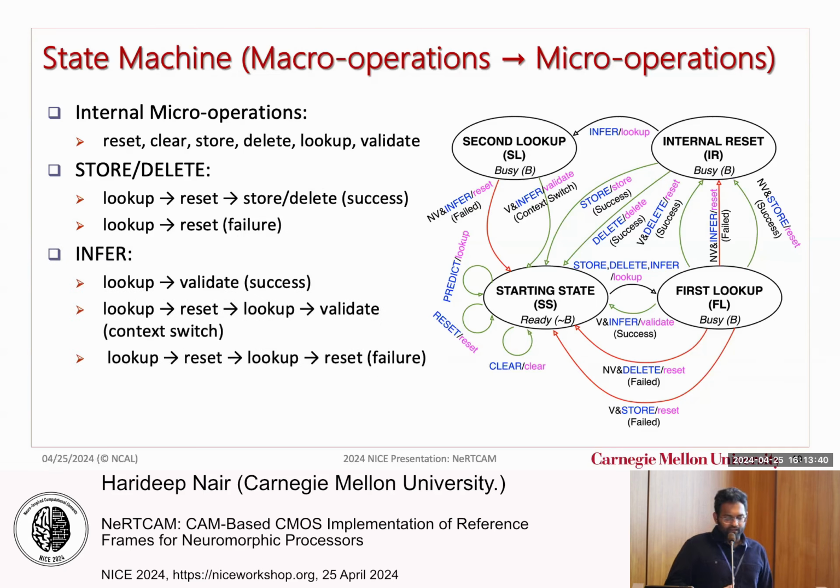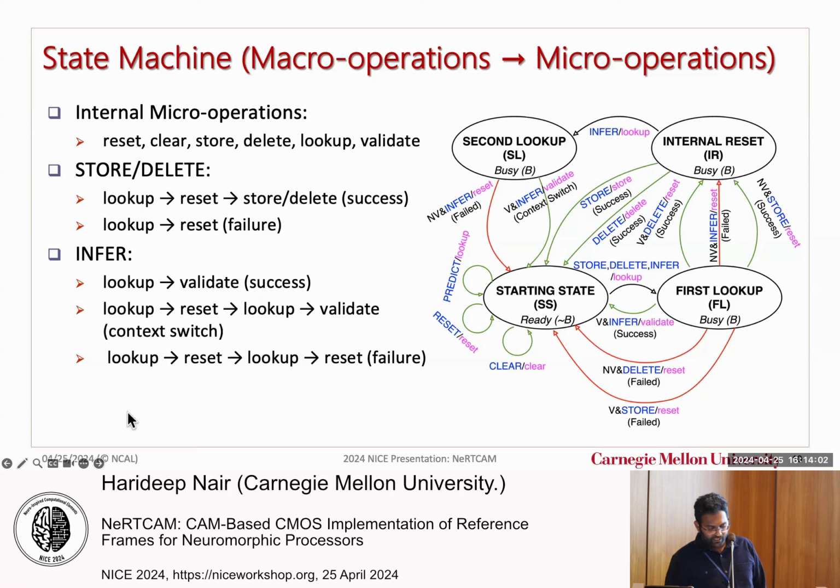But for infer, if it's a success, you just look up and validate. So validate is the internal operation that gets the valid bits of the classes set appropriately. But the one interesting aspect we perform here is that on a first failure, if after lookup you don't find a match for infer, you don't give up.